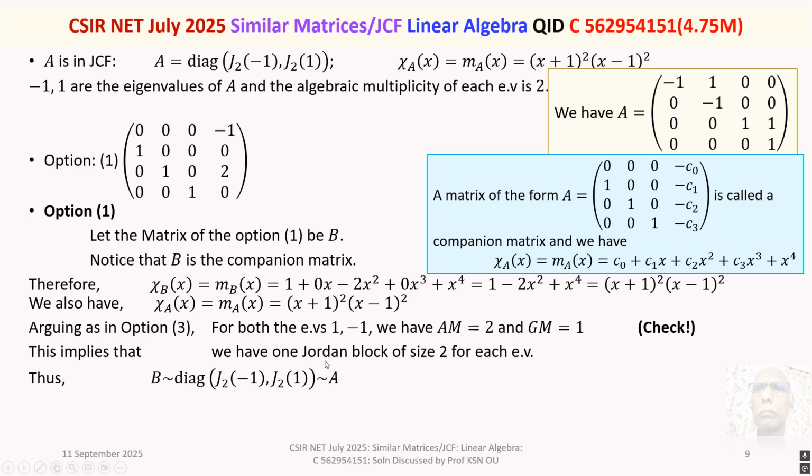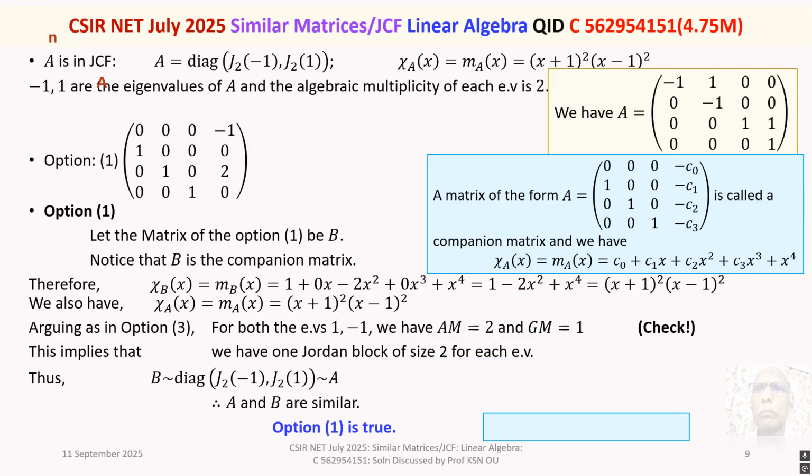And this is precisely equal to the JCF of A. So therefore, they have the same JCF. Therefore, A and B are similar. Thus, option 1 is true. Summarizing all the options, the answer to this question is options 1 and 3.